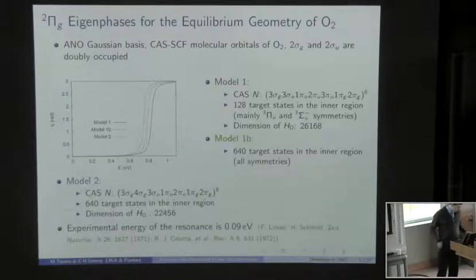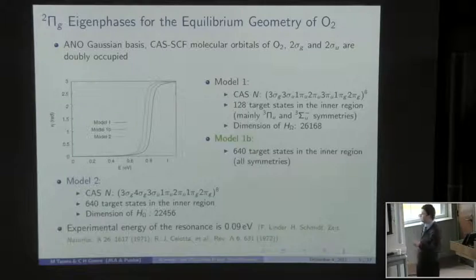So let me show you some eigenphases in the fixed nuclei approximation in this doublet pi G symmetry for the equilibrium geometry of O2. In these three models that are discussed here, we used the atomic natural orbitals Gaussian basis set and complete active space SCF molecular orbitals for neutral oxygen.